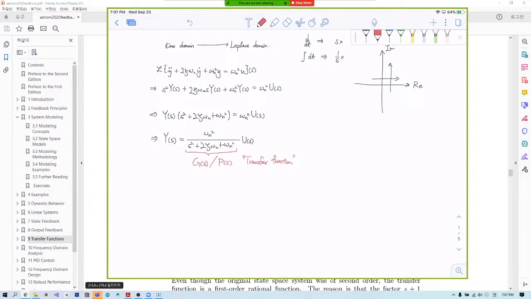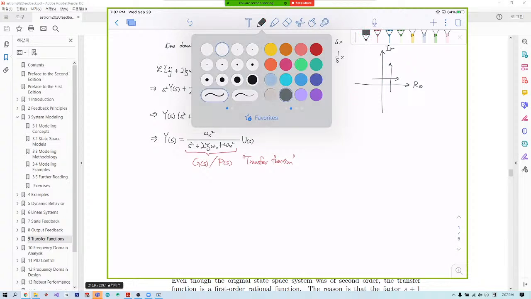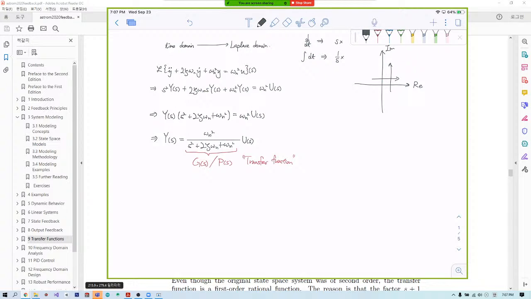That's why this is called the transfer function. And by the way, this has the form of a convolution integral in the time domain.